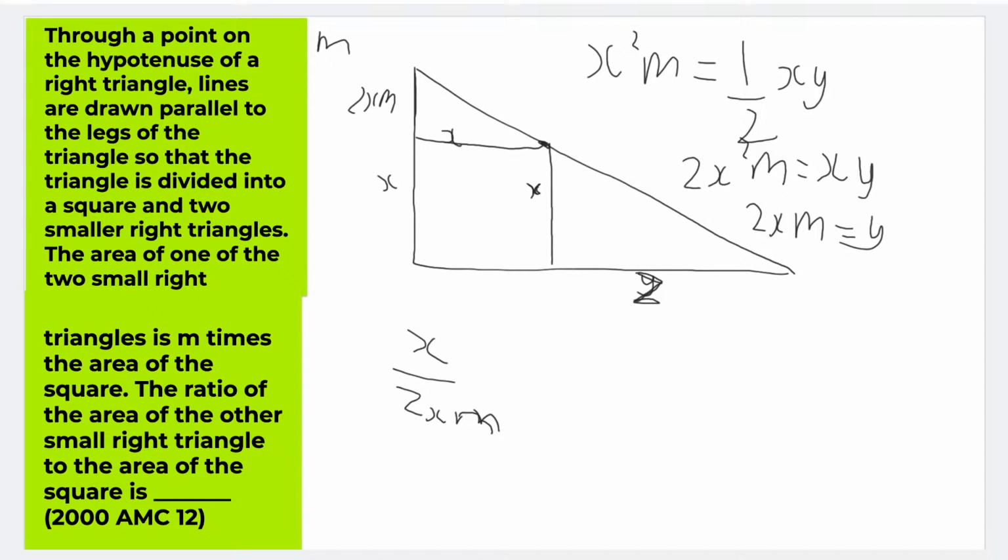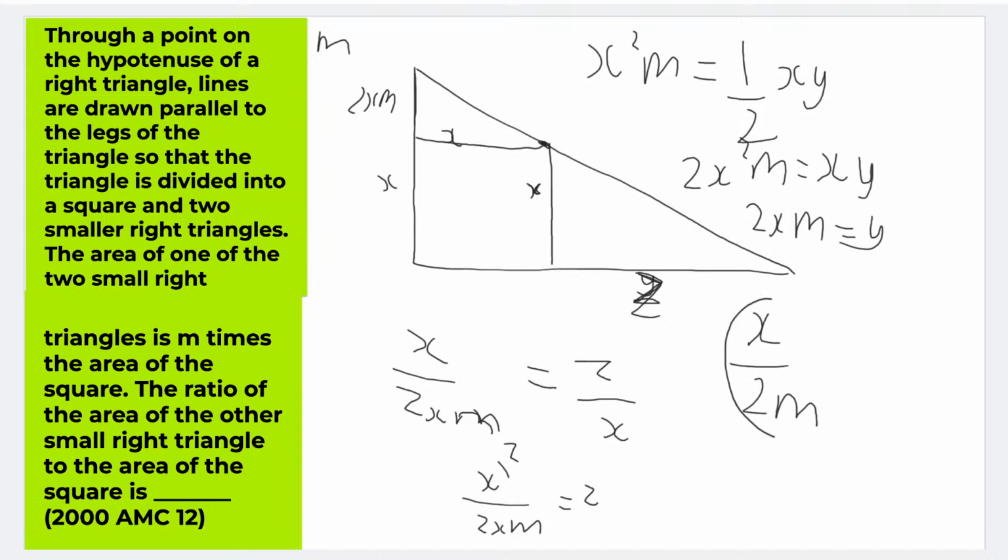So we're going to go with the base first, which is equivalent to z over x. So now all we have to do is multiply both sides by x, and we get x squared over 2xm equals z. Now we see that one of the x's cancel out. So we have this side length is equivalent to x over 2m.